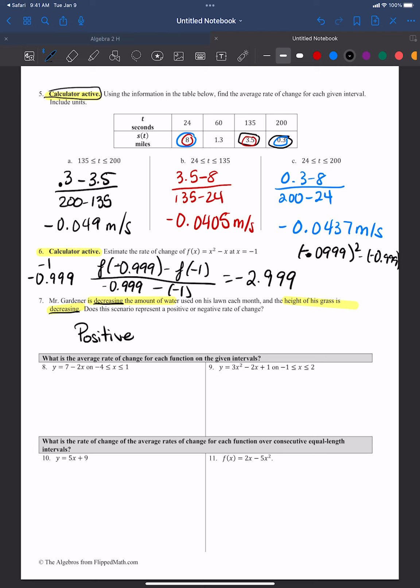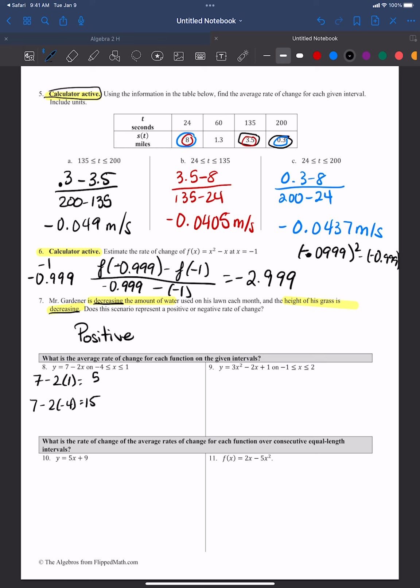Now, questions 8 and 9. What is the average rate of change for each function on the given interval? So this is still slope. We are still doing slope. Once again, you want to find when x equals, so 7 minus 2 times 1 and 7 minus 2 times negative 4 to get your y values of 5 and 15.